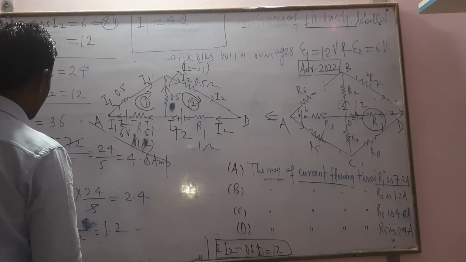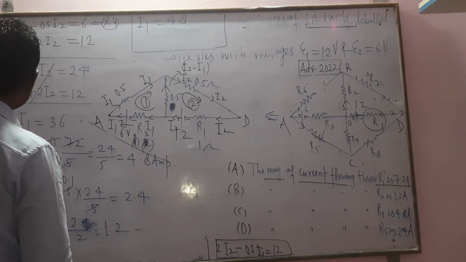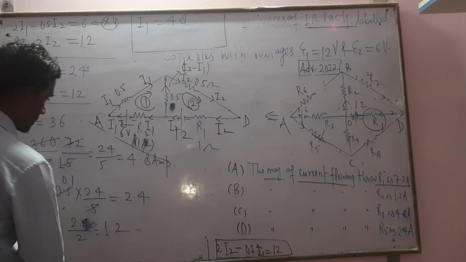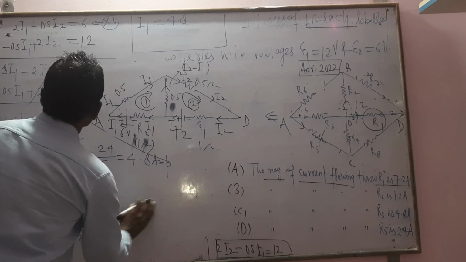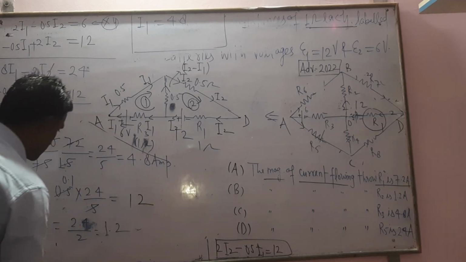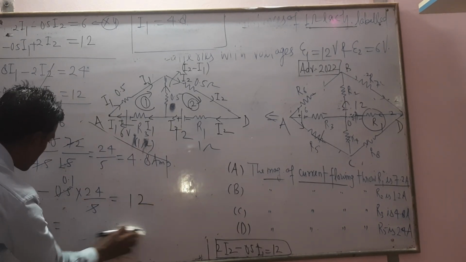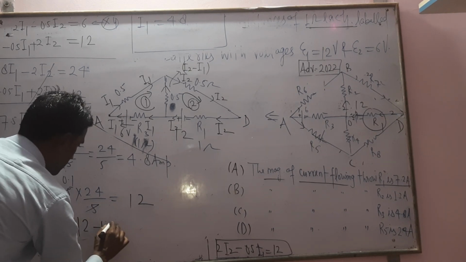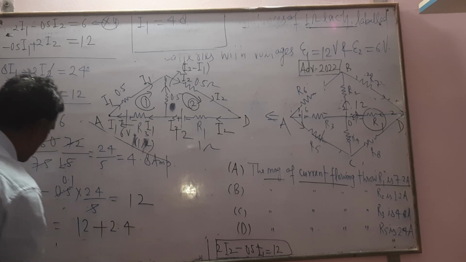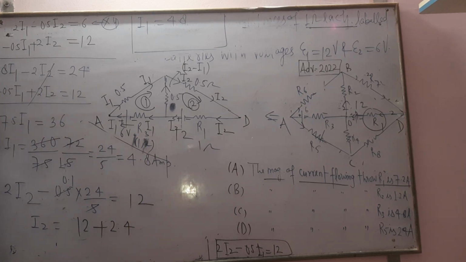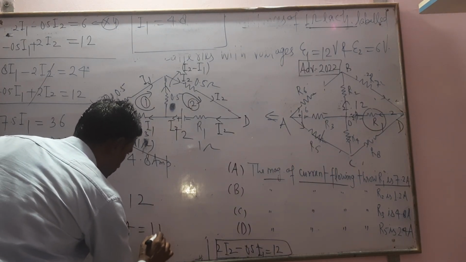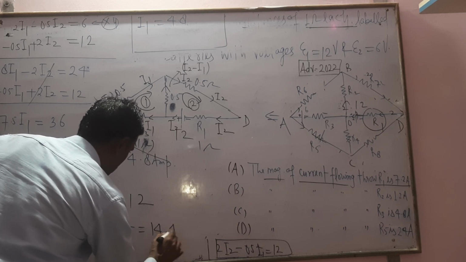Then 2 I2 minus 0.5 equals 12. Here this is the 12 volt, so 12 plus 2.4 is 14.4.